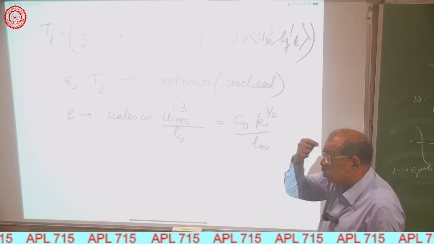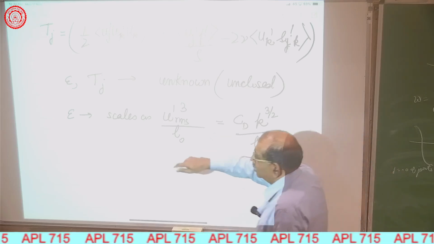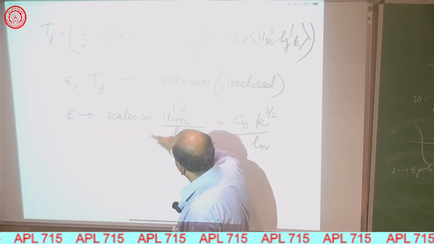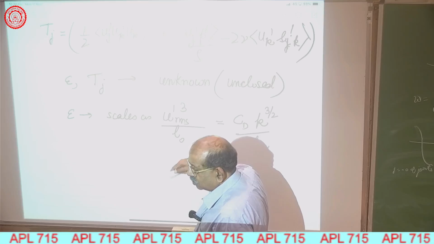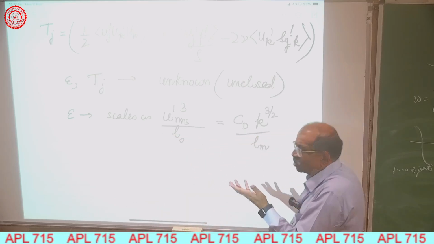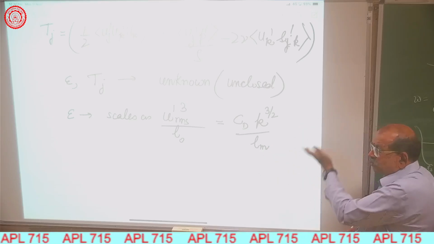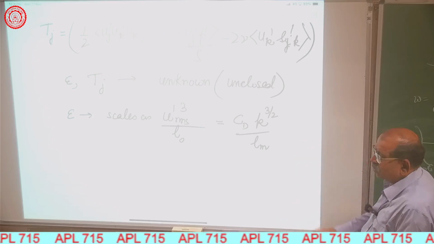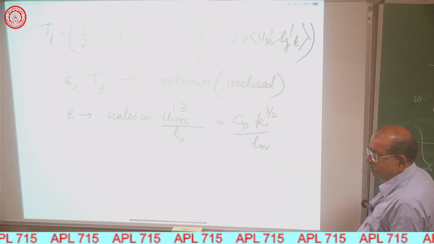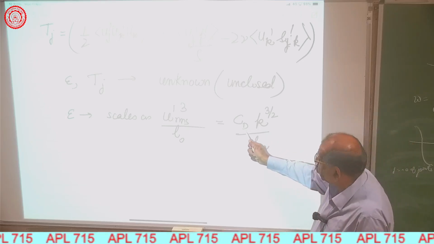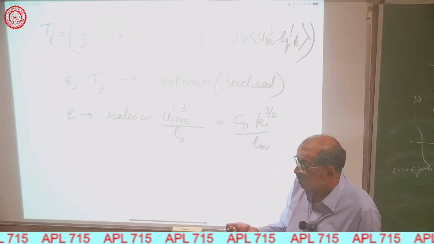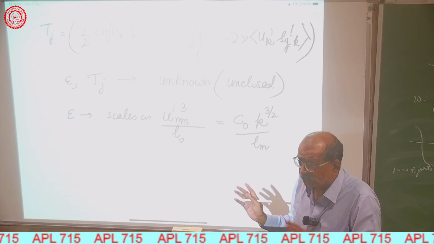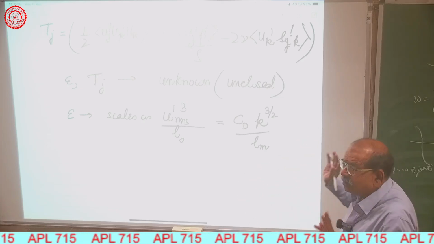Otherwise, in this whole course, even when we did not do what is P, we always said epsilon scales like U cube upon L, where U cube is the large velocity and the RMS, U prime RMS is of the same order as the mean velocity, or L is of the order of the geometry of the flow, which is like Lm. And then now, of course, the constant CD is there. Now, how do we find these constants is another story, or how do we estimate them, but at least we have written it in terms of like this.